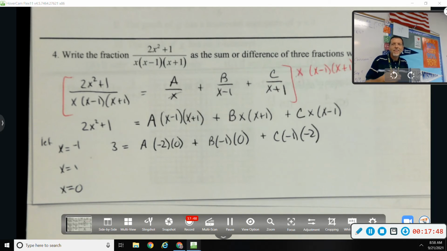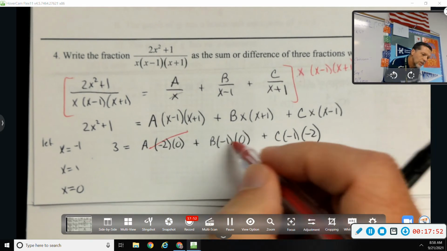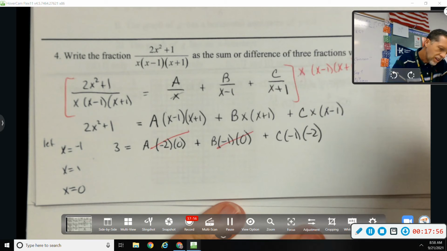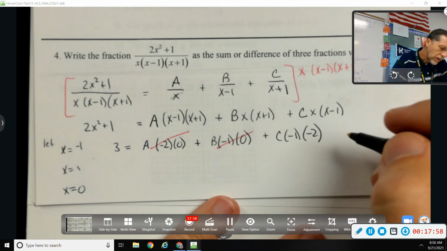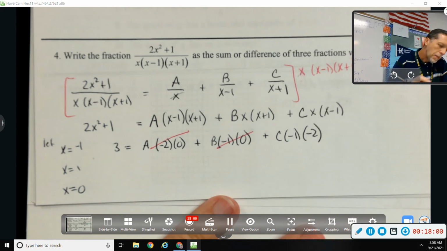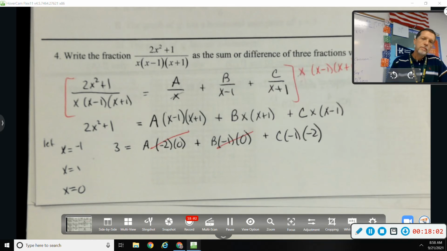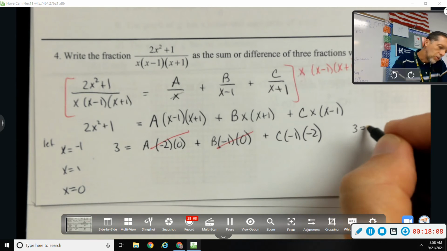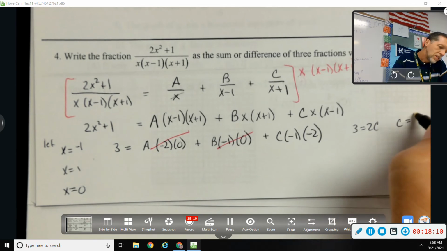So that kind of looks bad, but 0, 0. Oh, that's kind of a yucky one. So 3 equals 2c. C equals 3 halves.